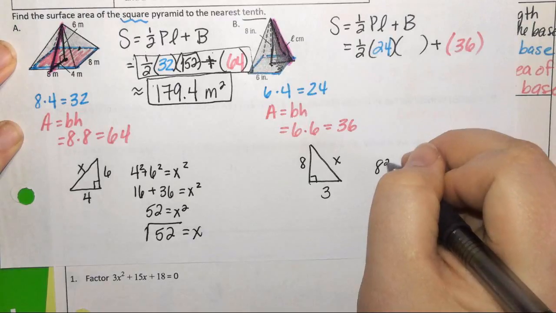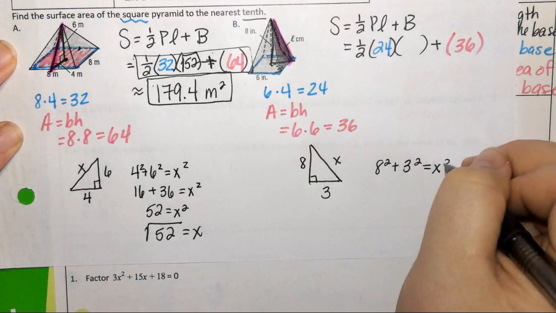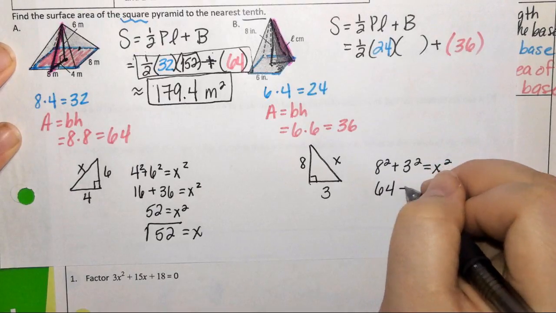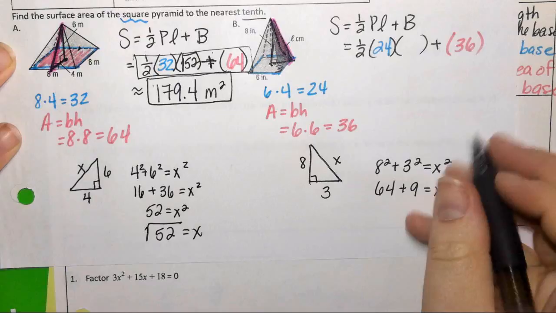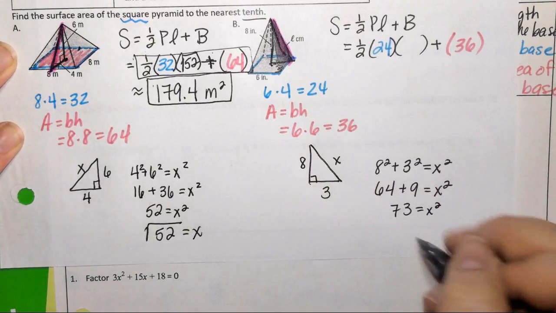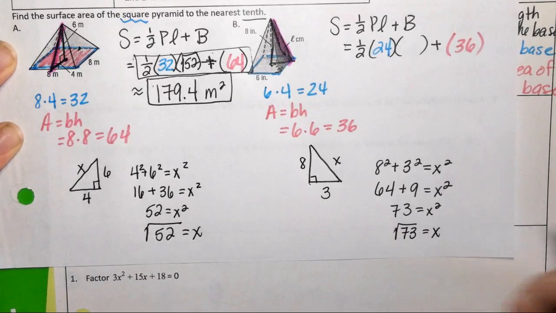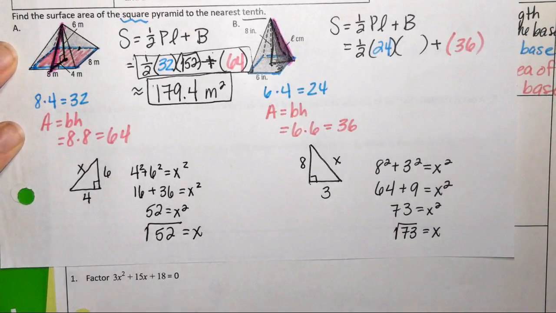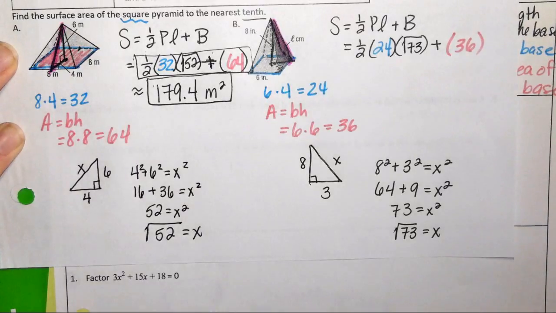So I'm going to have to use that Pythagorean theorem. 8 squared plus 3 squared equals x squared. 64 plus 9 equals x squared. 73 equals x squared. So I've got square root of 73 for x. Now you can type in that decimal if you'd like to write that down instead. And I think it's just easier to plug in square root of 73 into the formula.